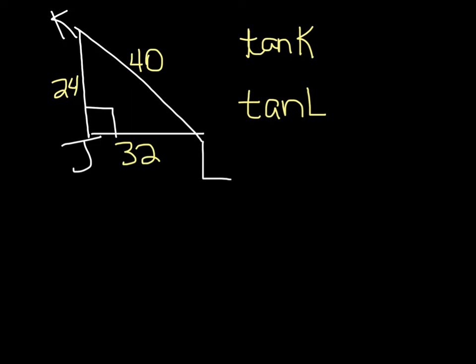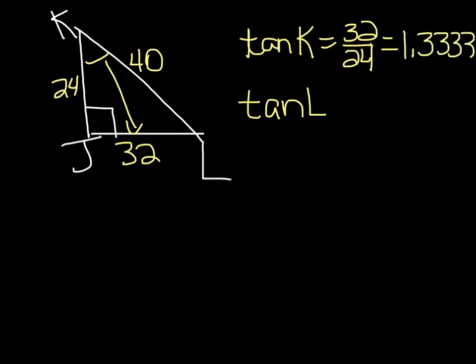If we're going to find the tangent of K, we're looking at the vertex K. The side opposite is 32 over the side adjacent is 24. When you divide that out, you get 1.3333. And remember, we use 4 decimal places.